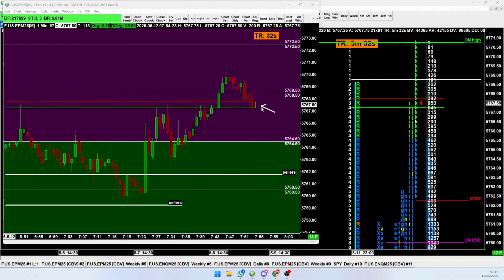Anybody who shorted this market and wanted to hold it over the weekend, we know people who do that, not having the best of times right now, right? And right now it's not really tradable.